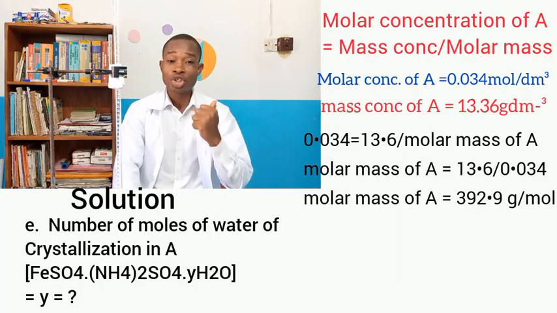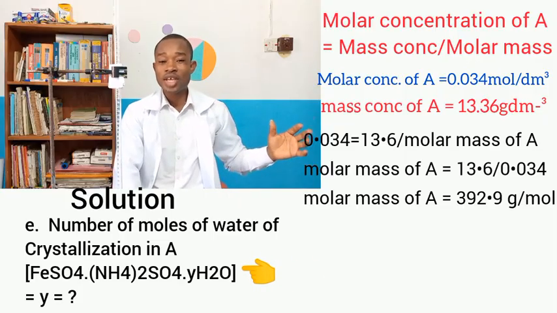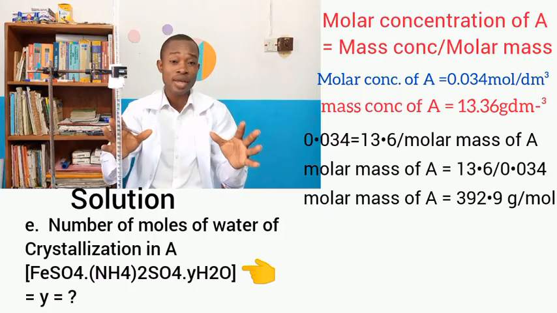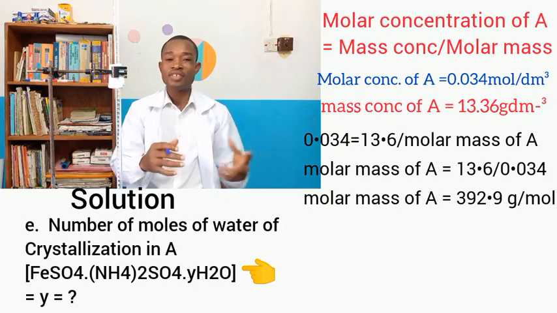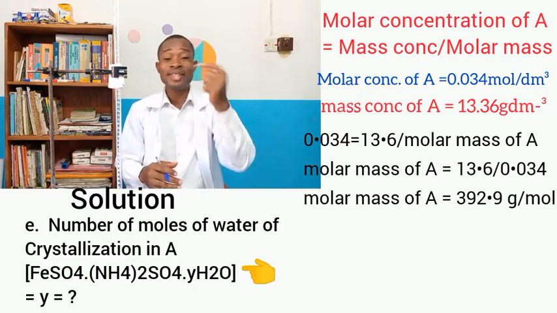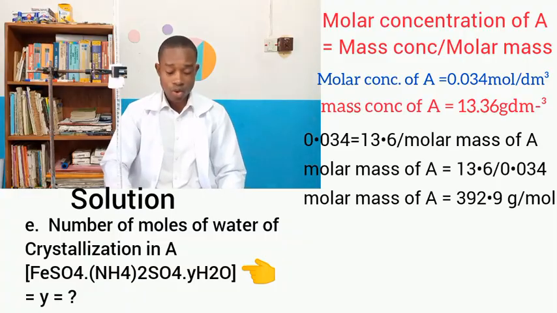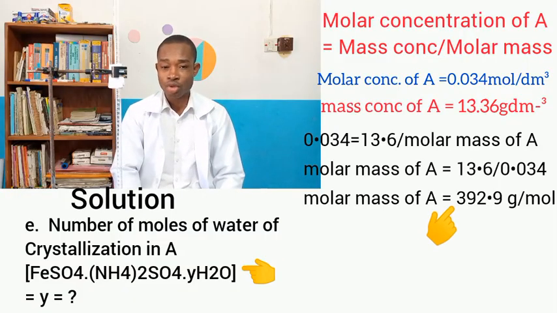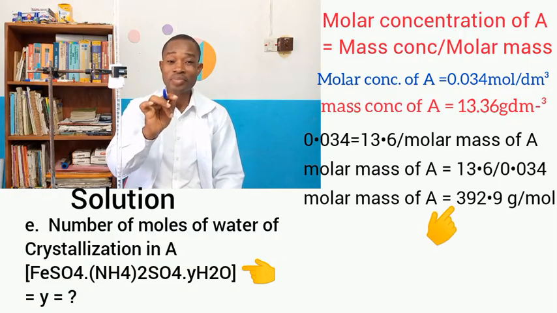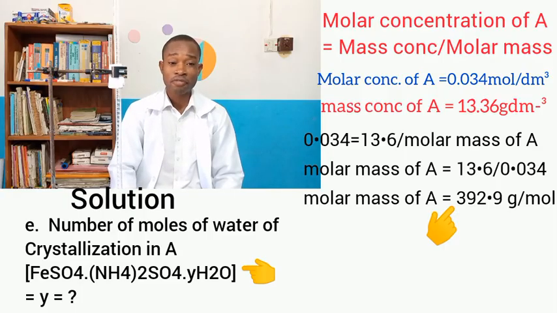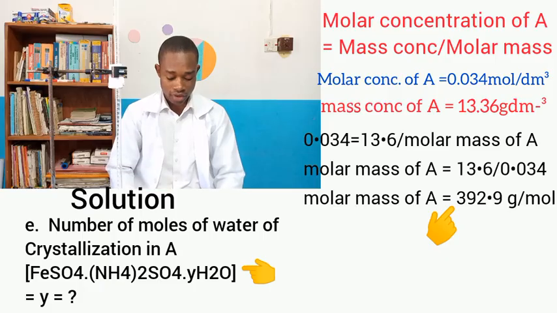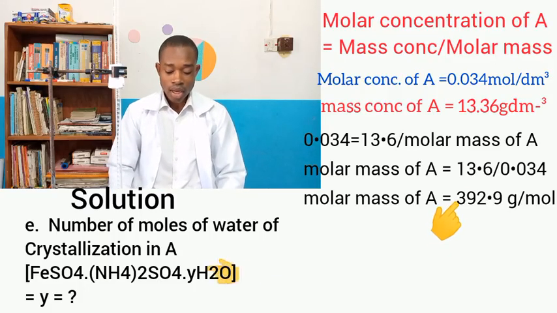Having obtained this molar mass, all we now have to do is go back to the compound, solution A. We are going to obtain the molar mass in the usual way by multiplying the relative atomic mass of each element by its atomicity, then add up everything and make it equal to 392.9. From there we can solve for the number of molecules of water of crystallization. Please, can we do this?